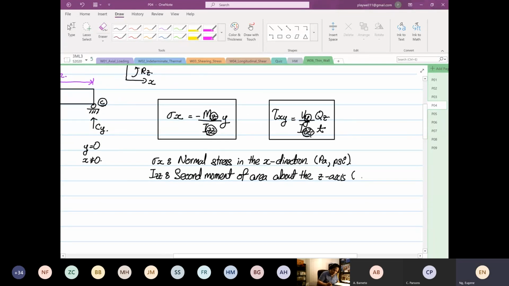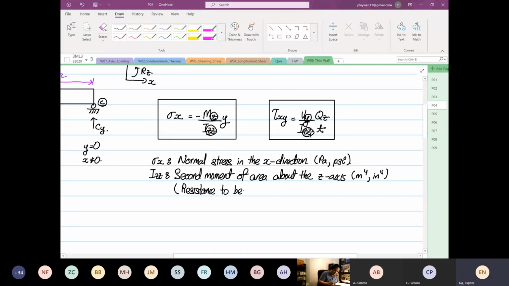And second moment of area, another reference term that we can use is also known as resistance to bending. The higher the Izz, the higher resistance you have to bending.